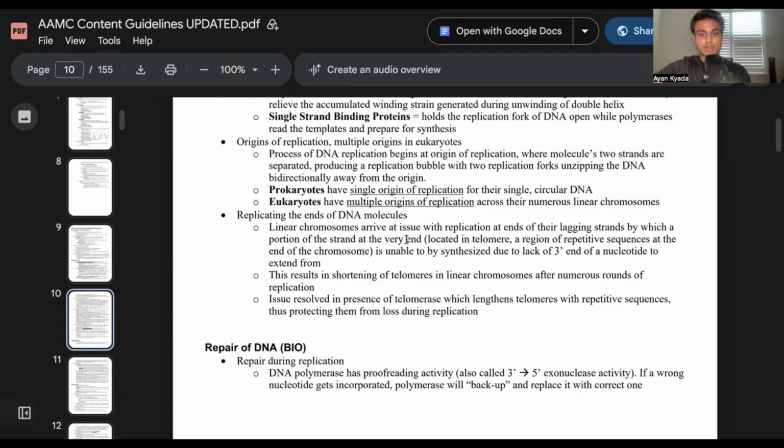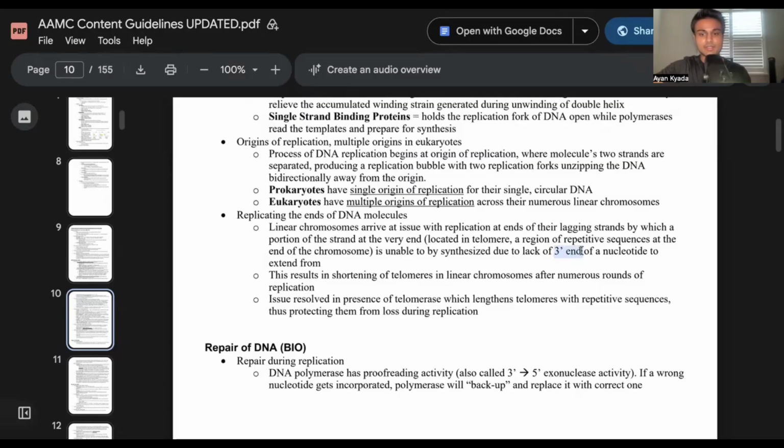After that RNA primer is removed, DNA polymerase can then fill in the DNA that the RNA sequence occupied. But when we get to the very end of the chromosome, the last DNA sequence, after we remove that last RNA primer, DNA polymerase can't fill in that gap because there's no upstream DNA. There's no upstream 3' hydroxyl group that allows for DNA synthesis to occur.